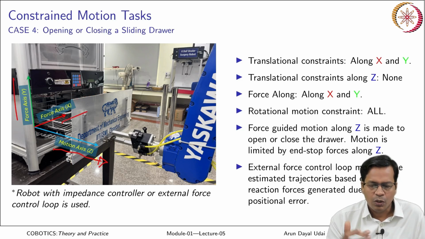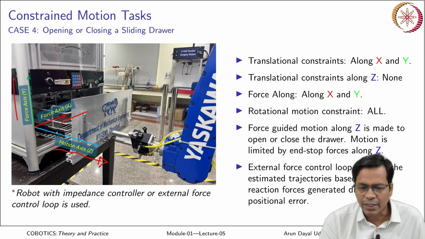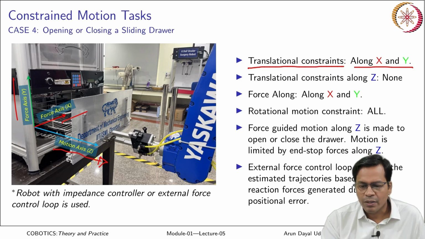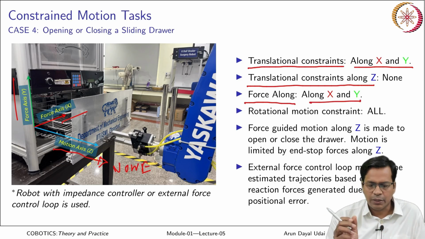That means your robot cannot displace along those directions. So, in this case, translational constraints exist along x and y. Translation constraint along z axis, there is none. Okay. So, it is free to move along z direction. So, it can produce forces along x and y direction if at all it is perturbed.